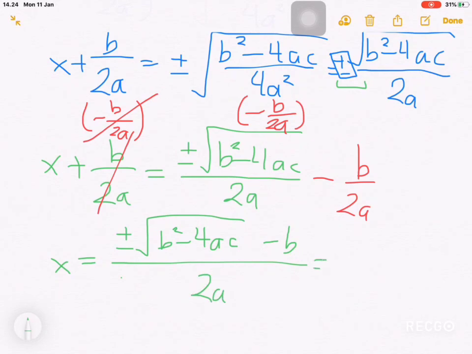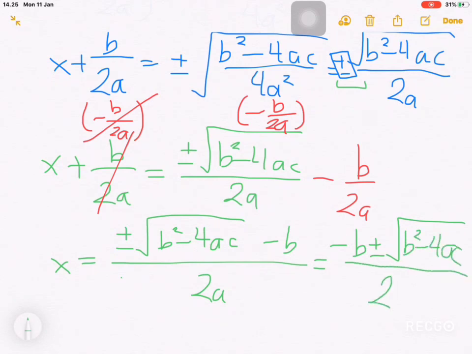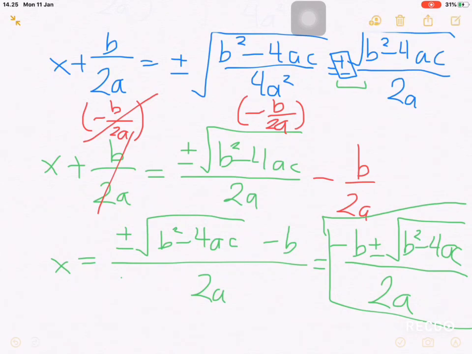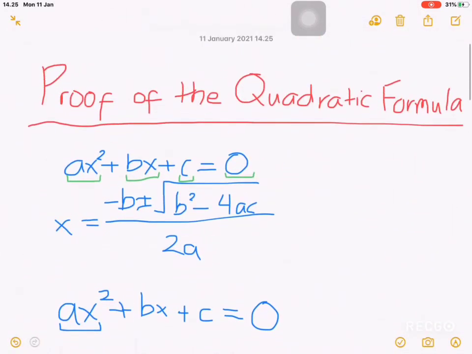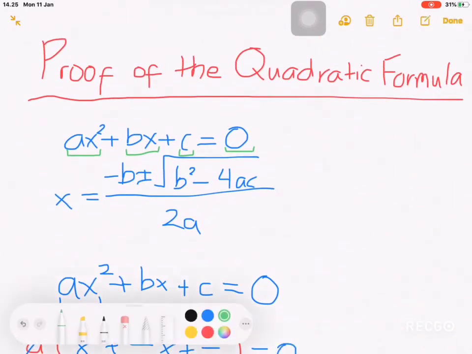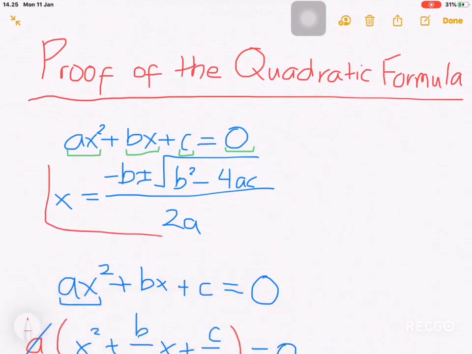And finally, the last step is to rearrange the negative b so it's at the front, so we have negative b plus or minus the square root of b squared minus 4ac, over 2a, and this is our final answer, which is exactly our quadratic formula right here. There we go.